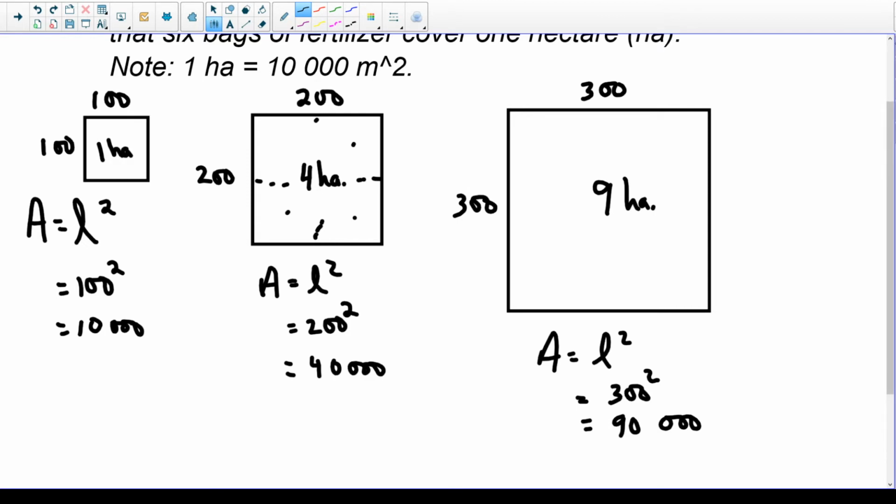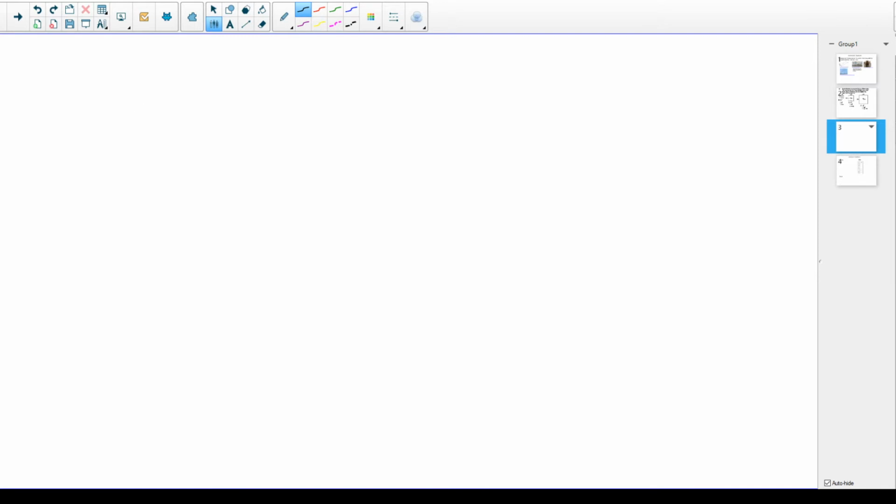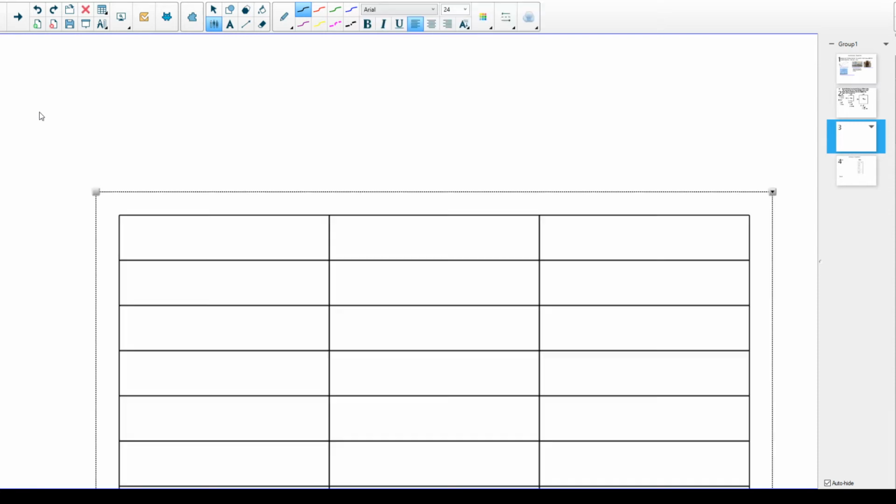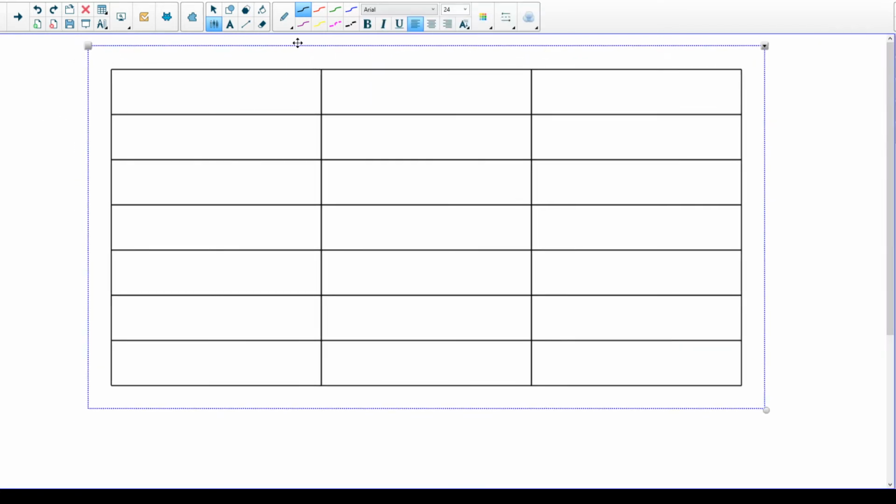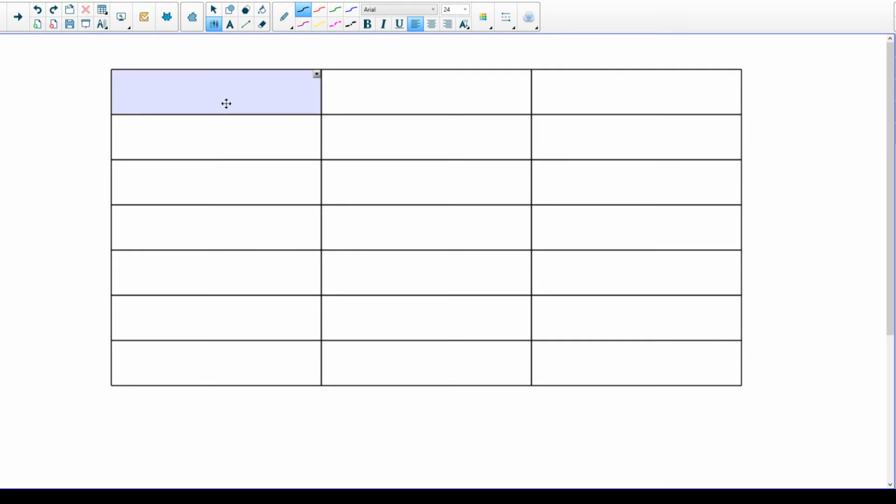So let's take a look at that pattern in a table. I'm just going to quickly make a table here. Okay, so we'll call this the side length, and this is in meters.